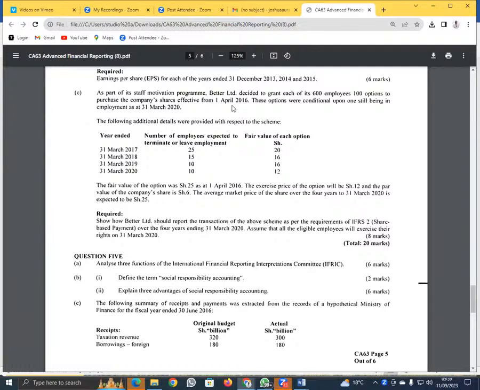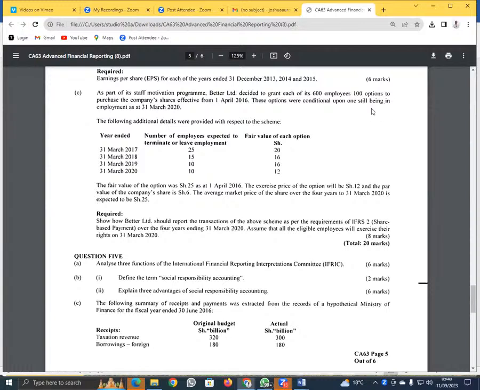We are told, as part of its staff motivation program, Better Limited decided to grant each of its 600 employees 100 options to purchase the company's shares, effective from 1st April 2016.